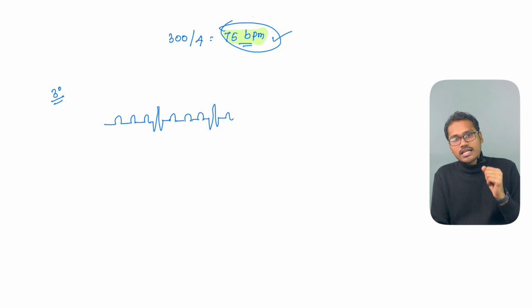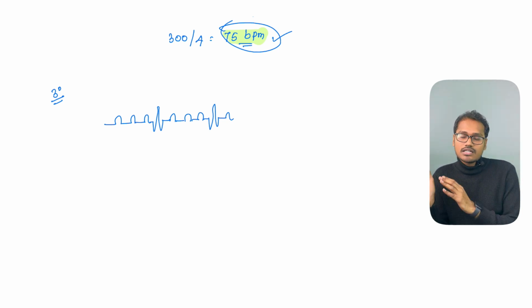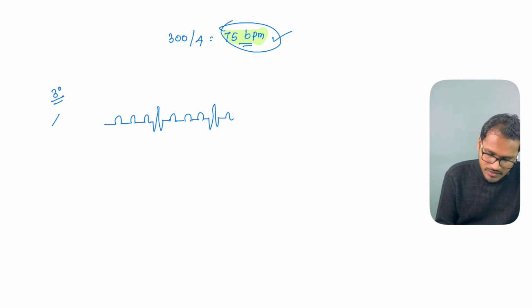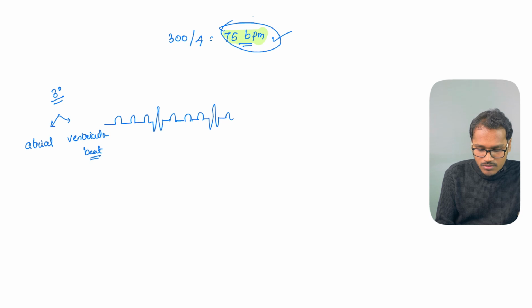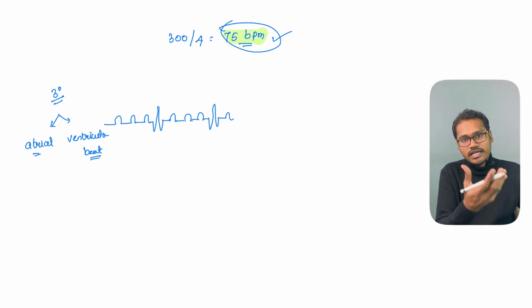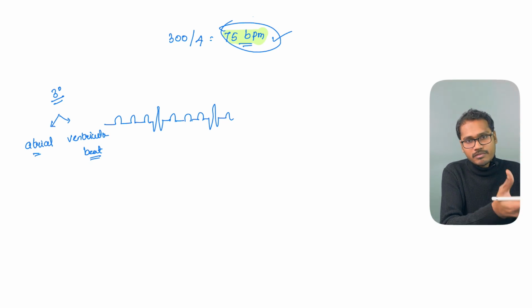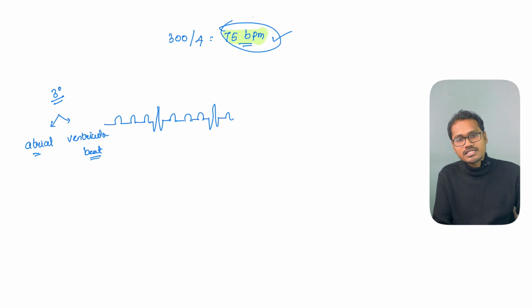So how do you calculate the heart rate in this patient? Because now the P wave is different and the QRS complex is beating at a different rate. So in these people, we will be calculating the atrial beat separately and the ventricular beat separately. In a normal individual, both are the same, because the atria get depolarized from the SA node, and the same number of impulses travel through the conduction system into the AV node and then the ventricular fibers.